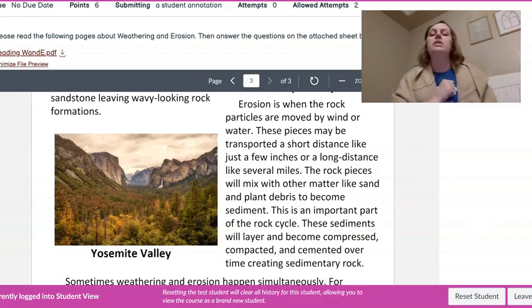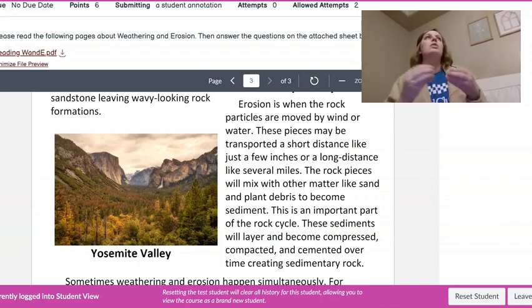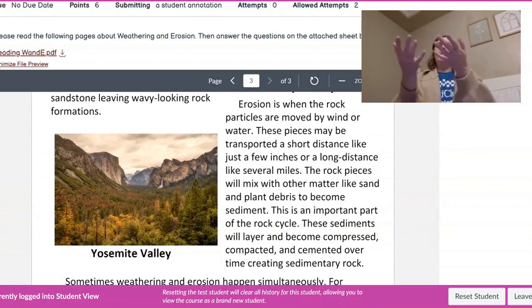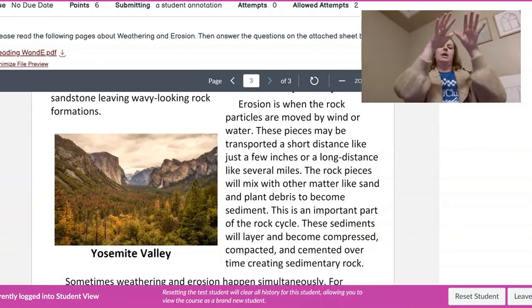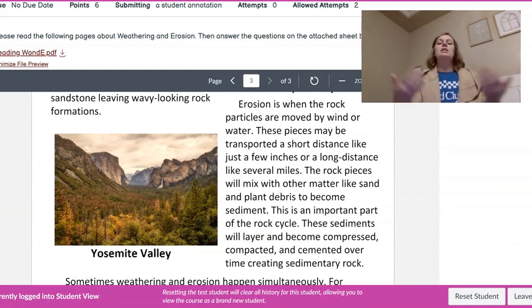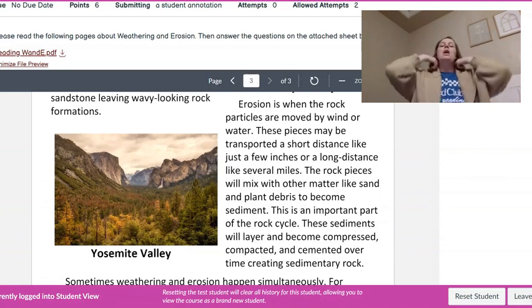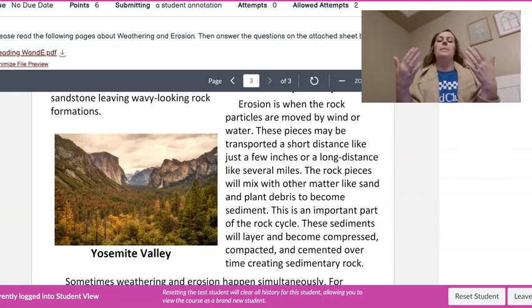Just like with the water cycle, how water is never created or destroyed, it just changes forms as it evaporates, condenses, precipitates, collects. The same thing happens with rocks, except that rocks don't evaporate. They do change. They kind of do change state.